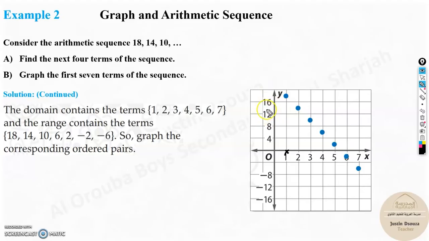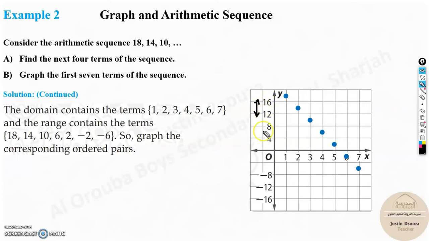The constant difference is 4, so this number would be 20 and in the middle it'll be 18. So this is the graph. Now, what will be the next thing? 2 over here is 14. In the same way, you can see it is a linear graph. This is very important. When you graph arithmetic sequences, it will be a linear graph. Okay, the scale. Before I forget, it's very embarrassing, I couldn't remember the term.